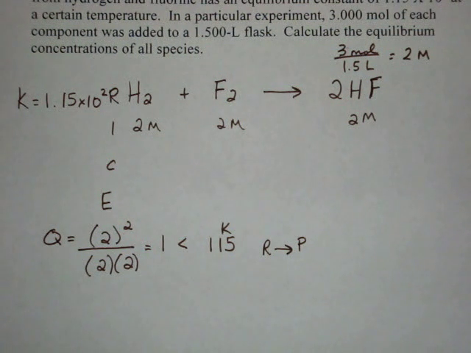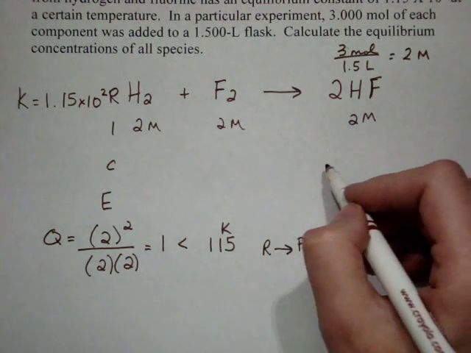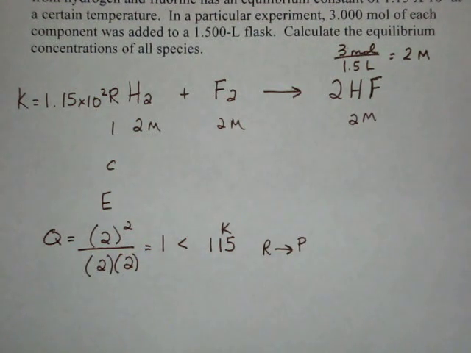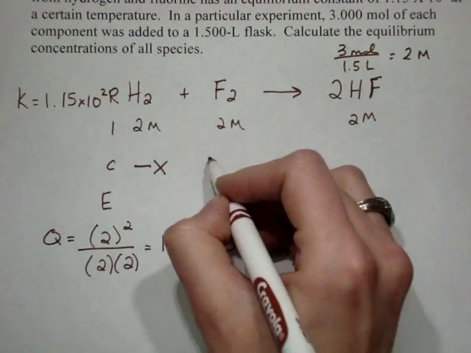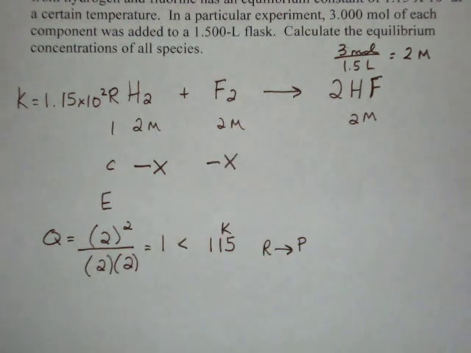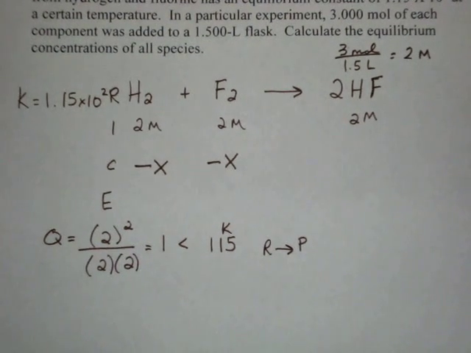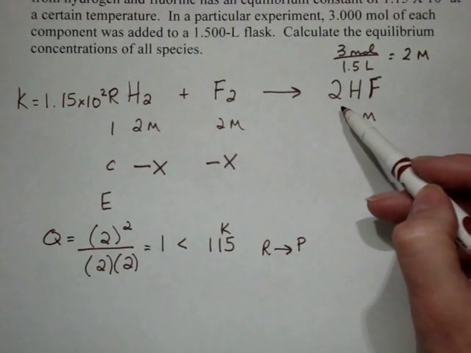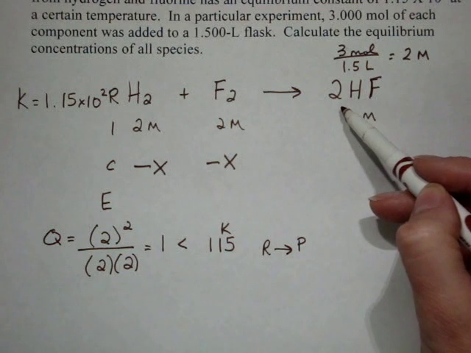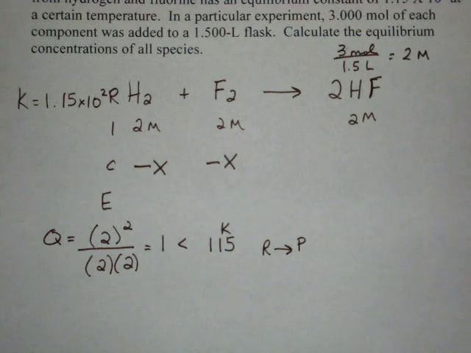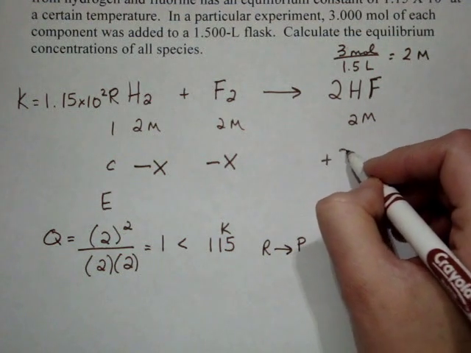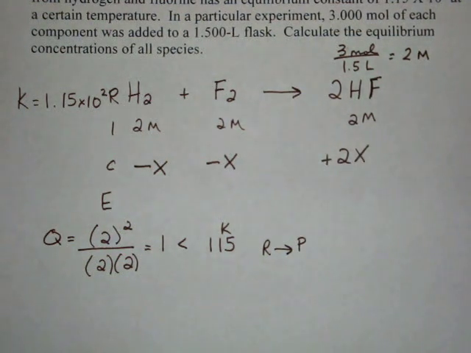So let's go ahead and do our setup here. If we're proceeding from reactants toward products, we're going to form hydrogen fluoride. We're going to use up hydrogen and fluorine. So I'm going to use up X amount of hydrogen and an equivalent amount of fluorine, but now we have a coefficient in our product. For every 1 hydrogen and 1 fluorine molecule that are used up, we're going to make 2 HF molecules.